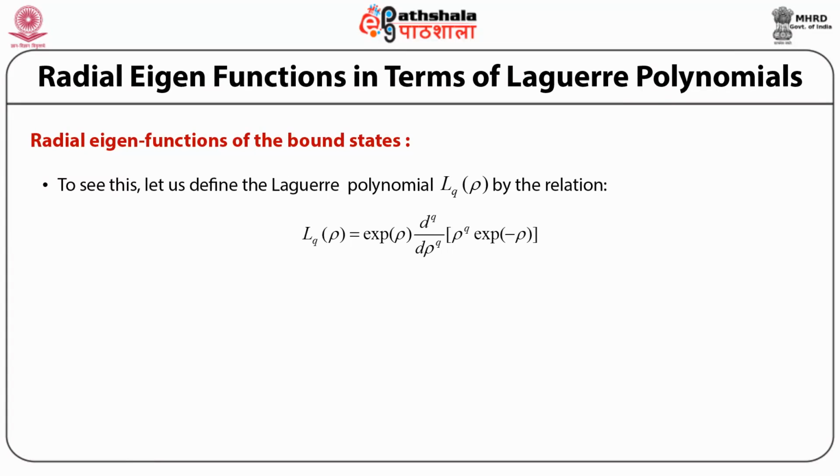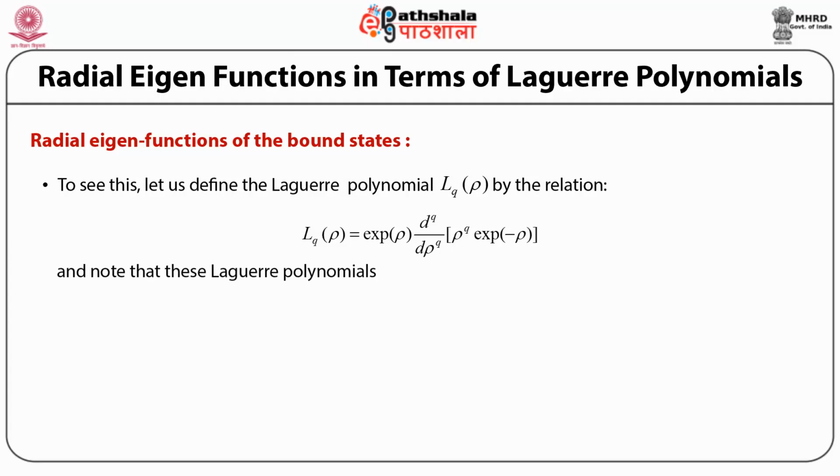To see this, let us define the Laguerre polynomial L_q(rho) by the relation L_q(rho) equal to e^rho d^q/d rho^q of (rho^q e^(minus rho)).